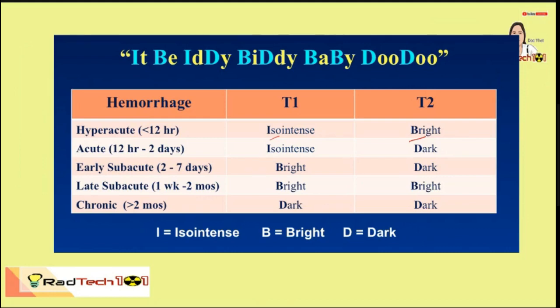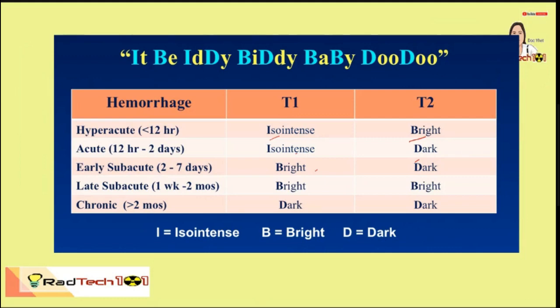For acute hemorrhage, which appeared between 12 hours to 2 days, T1 is isointense pa din, but in T2, it appears dark. Sa early subacute, so it appears 2 days up to 7 days, bright sa T1 and then sa T2 is still dark.